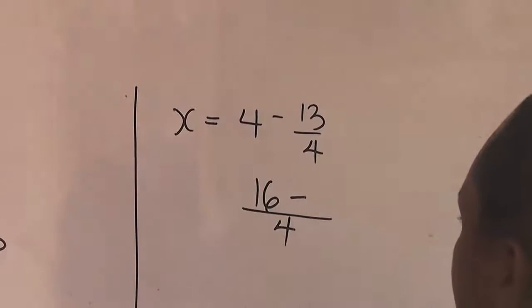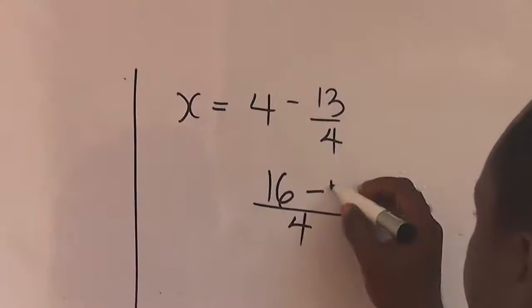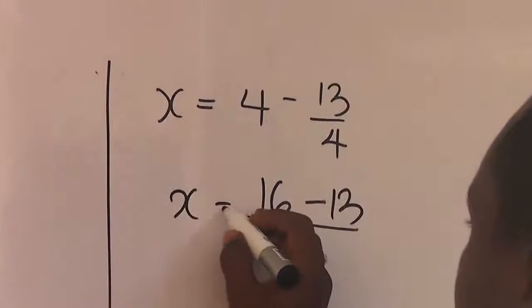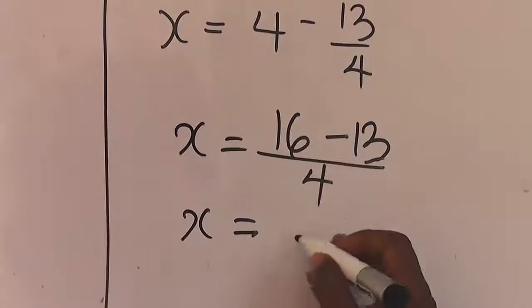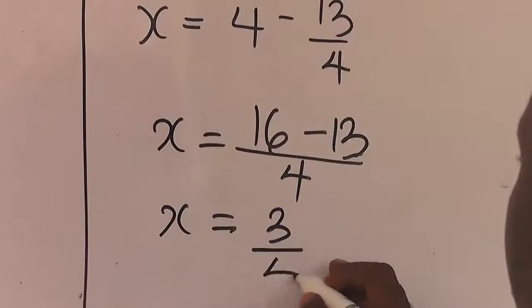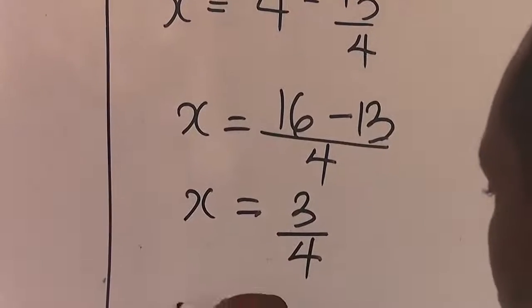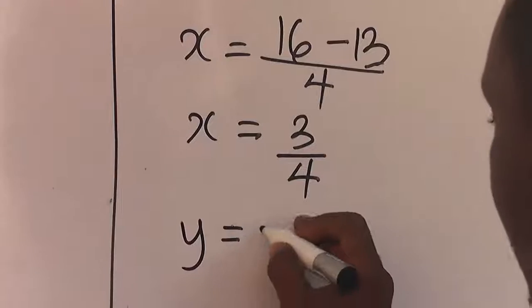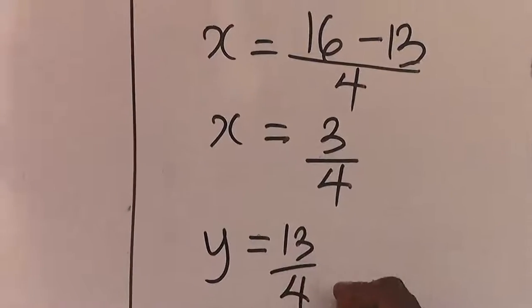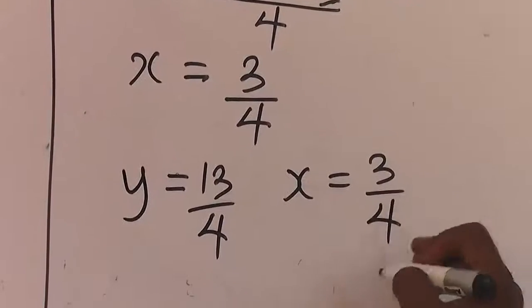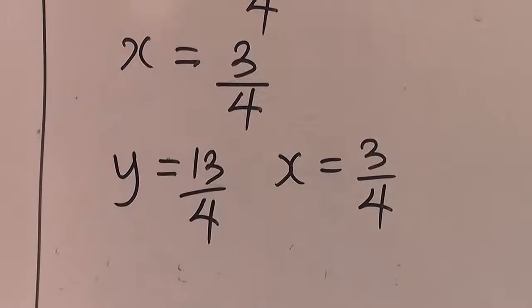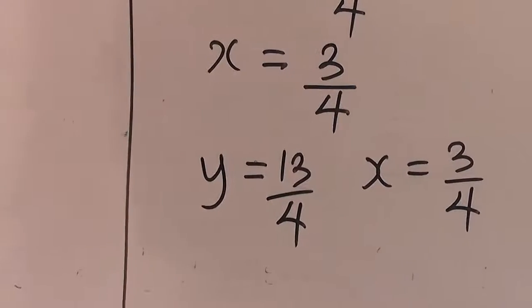Minus 4 in 4 is 1, 1 times 13 is still 13. So 16 minus 13 will give us 3 over 4. So when our y is equal to 13 over 4, our x is equal to 3 over 4. That's the value of x and y.